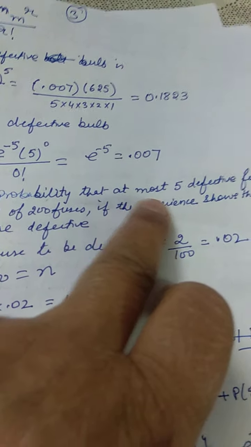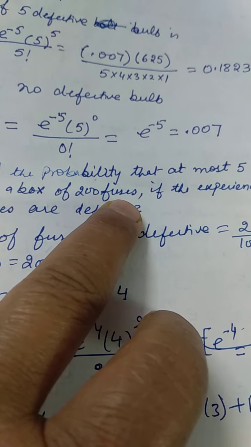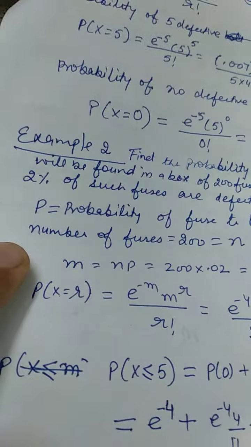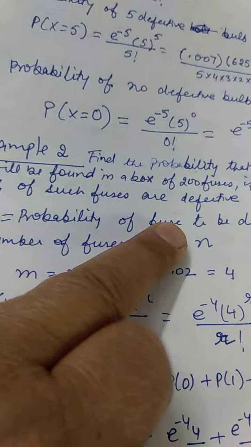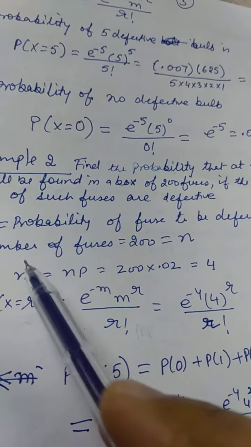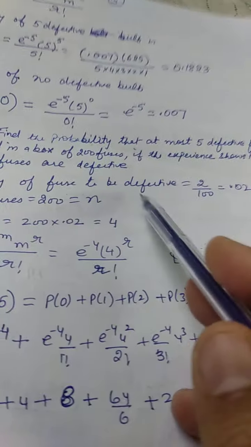The question is: find the probability that at most 5 defective fuses will be found in a box of 200 fuses if experience shows that 2% of such fuses are defective. So please see, p we have to first find out. What is p? It is the probability of the fuse to be defective.